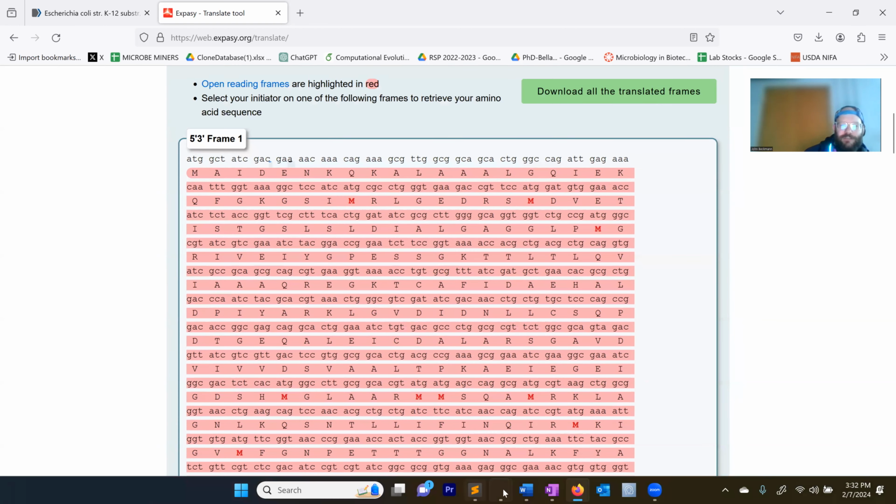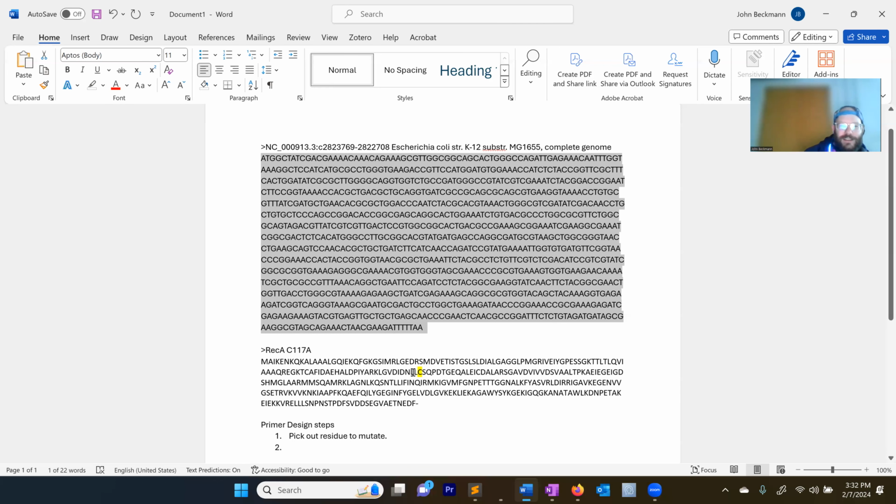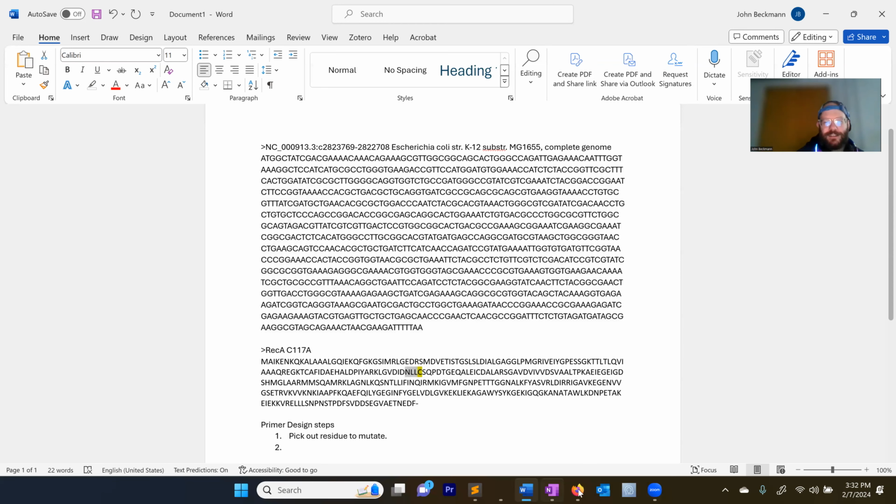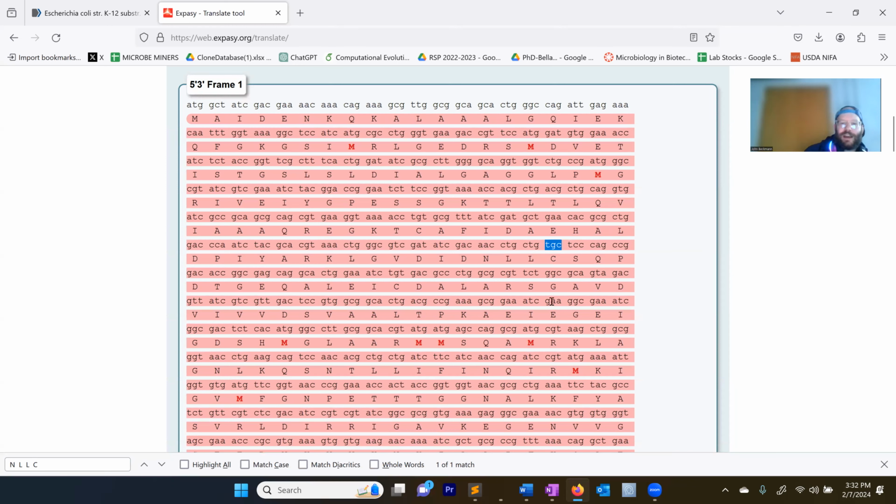Now we need to find that cysteine. The residues are NLLC. If we search for NLLC, there it is. That's the cysteine that we want to mutate, and that's its codon, TGC. Now we need to find that.